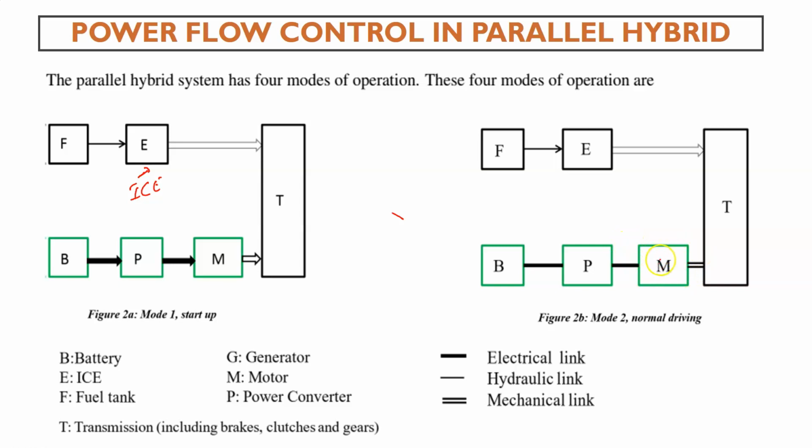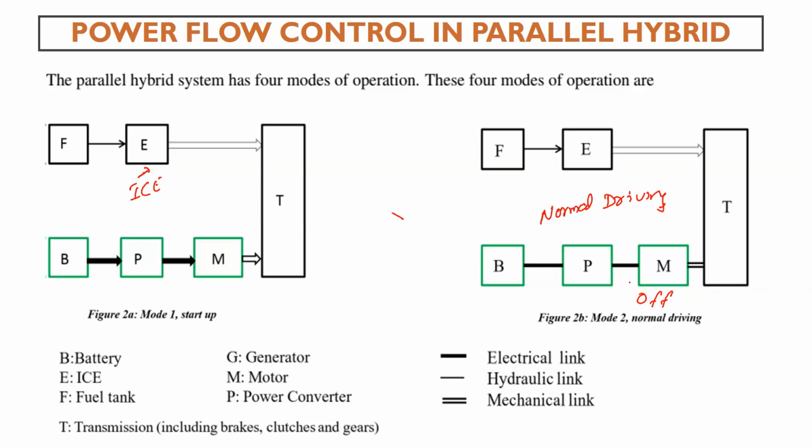This motor is not working. In this normal driving, the required traction power is supplied by the ICE only, and the electric motor remains in off mode. Okay, this is the mode 2.